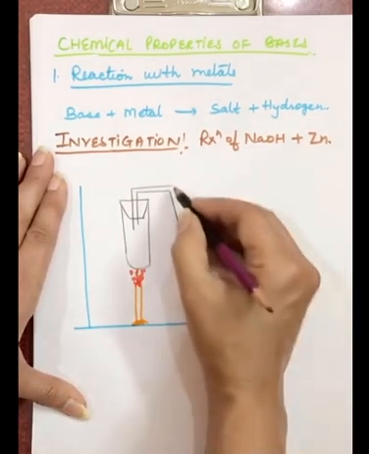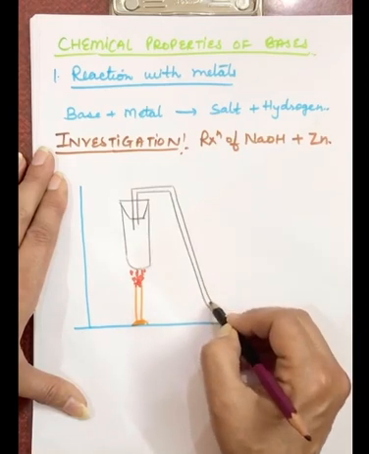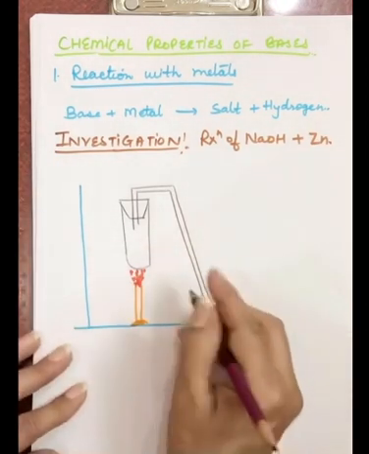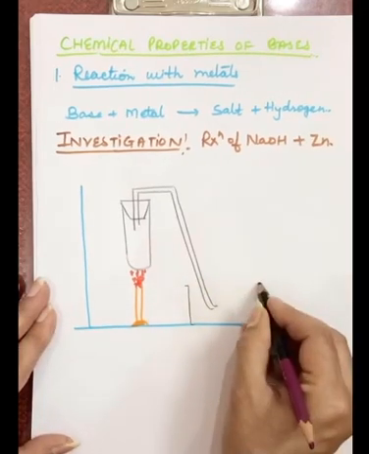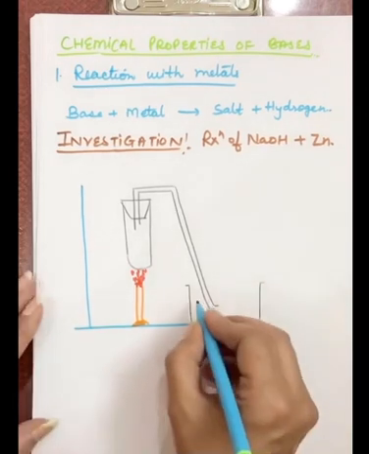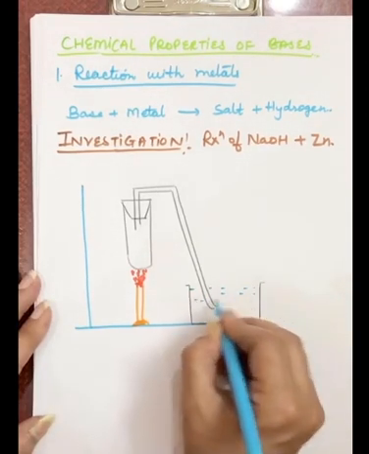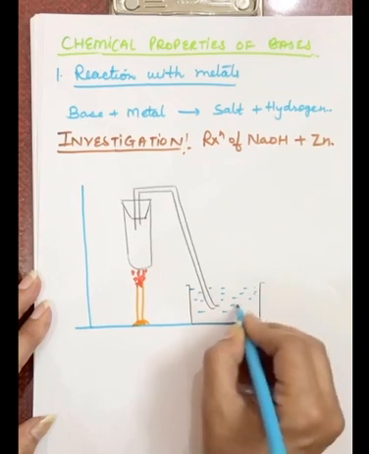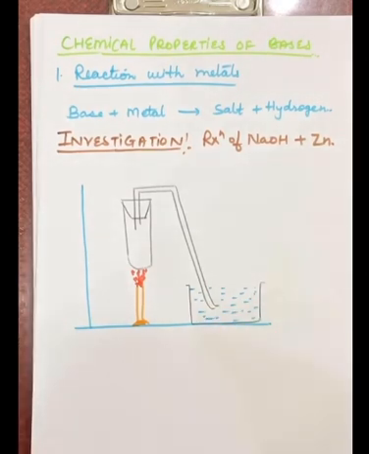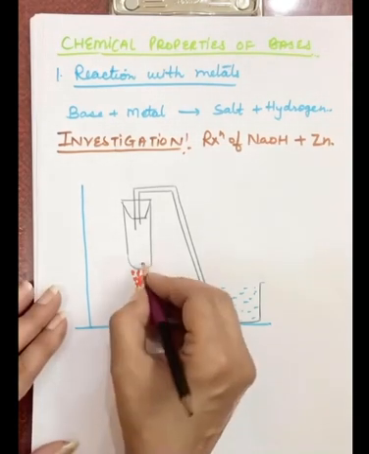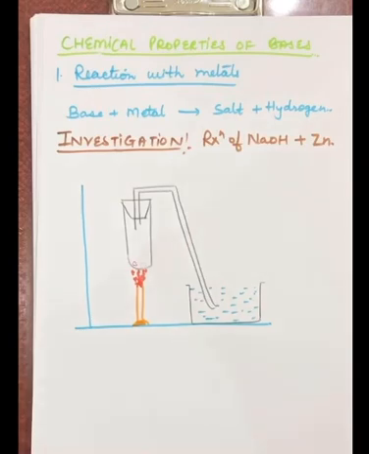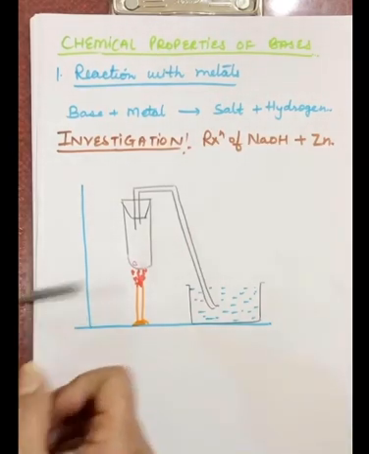The other end of the delivery tube goes into a soap solution that we will take in a trough. In the trough, a soap solution is filled up. Before setting this apparatus, in the test tube we will take zinc metal, which is a white color metal.